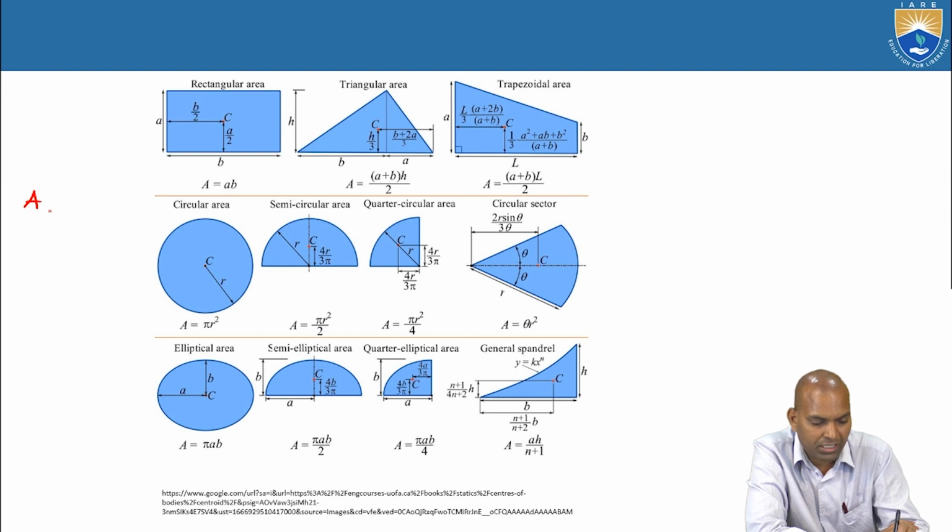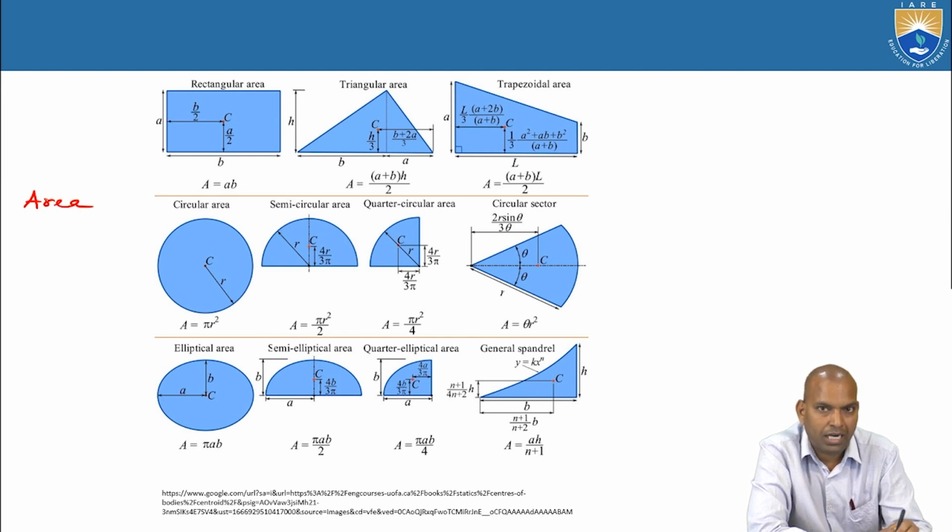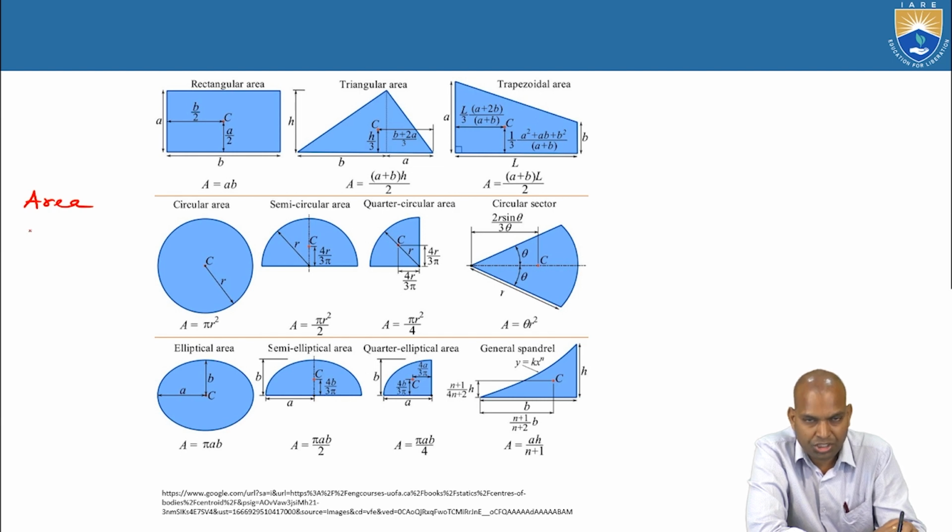One is the area of the section, another is the centroidal distance of the individual section from the reference axis, the horizontal distance x1, and another parameter is y1.